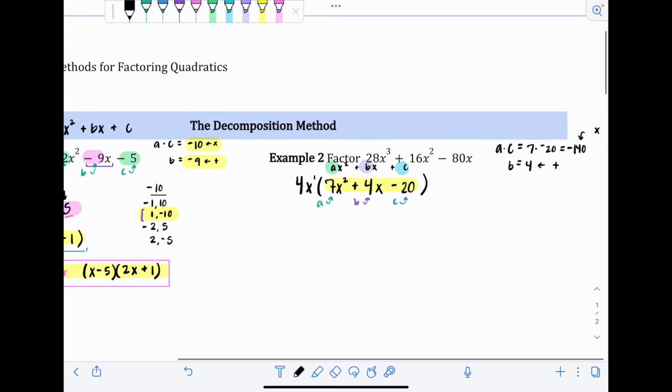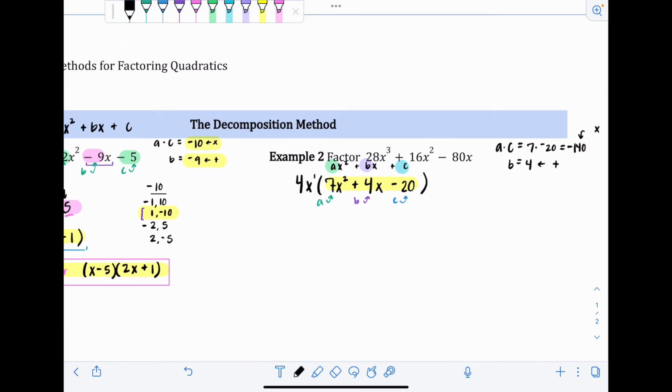So I'm going to go ahead and just stop here. I'm going to write that at the top of the video. That's something that is so important and so critical to be able to do these problems, is to know that for factoring, we're looking for numbers that multiply to a times c and add up to b.